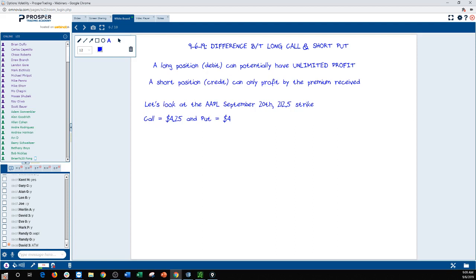Okay, so if I buy this call, Randy, if I buy this call, okay, first off, at expiration, what would be my break even in the stock? Okay, so if I buy this call, what is my break even at expiration?